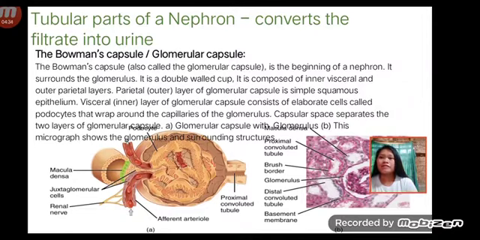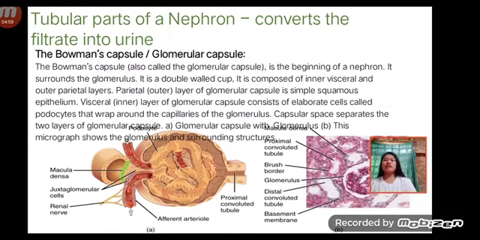The visceral inner layer of the glomerular capsule consists of elaborate cells called podocytes that wrap around the capillaries of the glomerulus. Capsular space separates the two layers of the glomerular capsule. The micrograph of the glomerular capsule with glomerulus shows the glomerulus and surrounding structure.